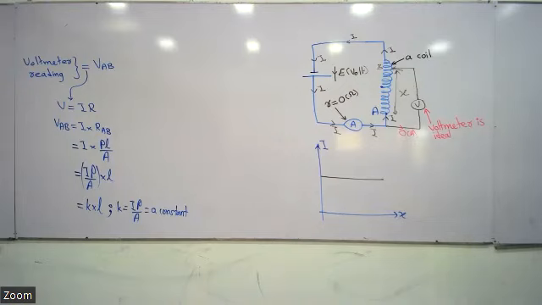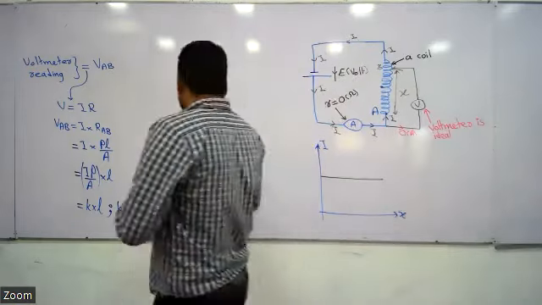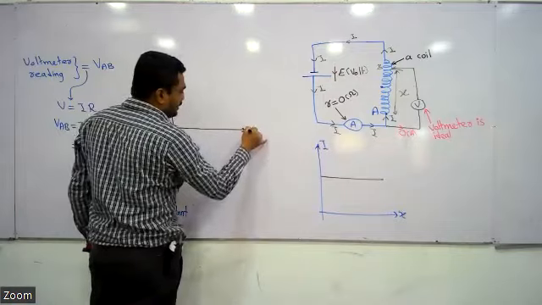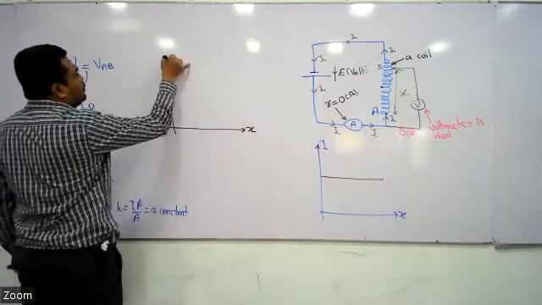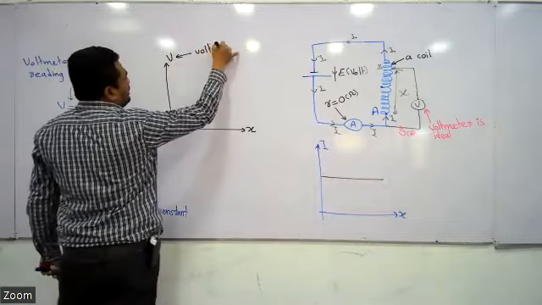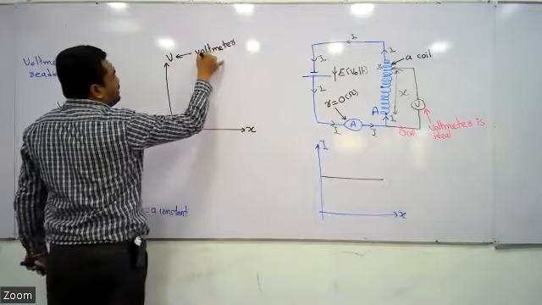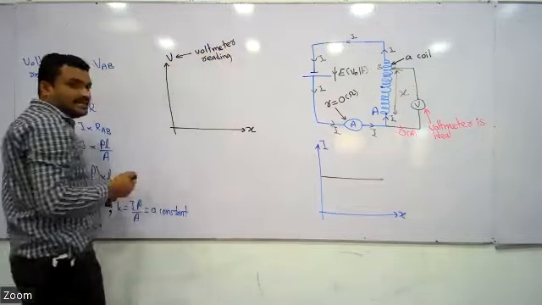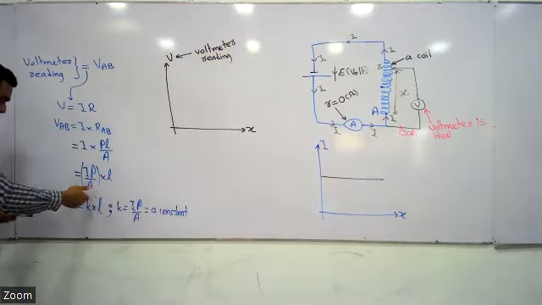So what should be the graph then? Variation of the voltmeter reading with X. So this is V, the voltmeter reading. When you increase X, the voltmeter reading is also increased.